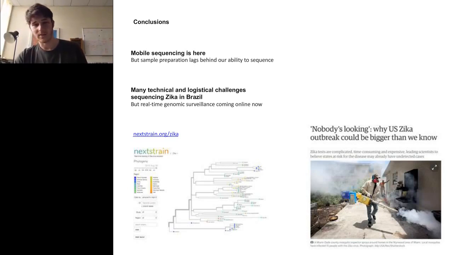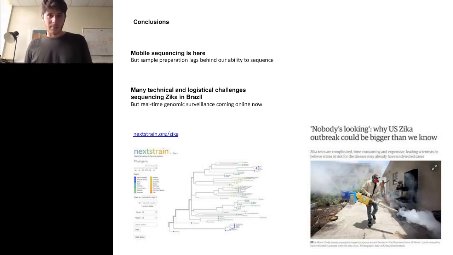That illustrates one of the key elements of genome surveillance, which is really knowing what you've got a lot sooner, and it could have potentially been controlled if it was known about earlier. The problem was that the symptoms were quite similar to some other viruses which were endemic in the country, like dengue and chikungunya. So it was flying under the radar for a period of time.